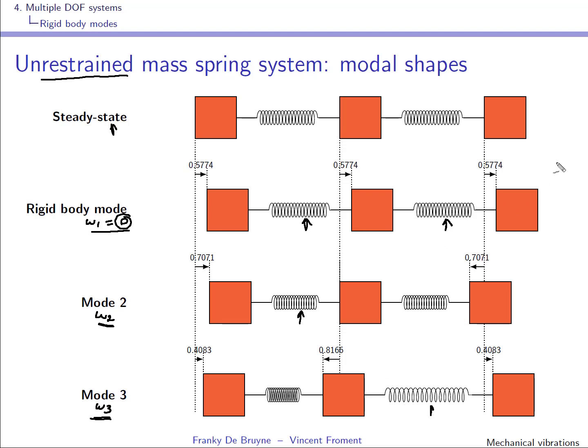So this is really the rigid body mode. So what is the movement of the original system? Well, it's a linear combination of these 3 movements. You remember that the solution of our original problem will be v times x.